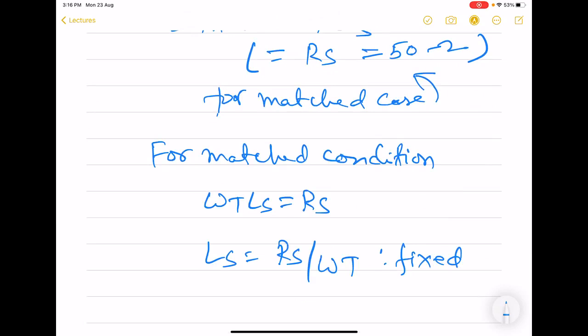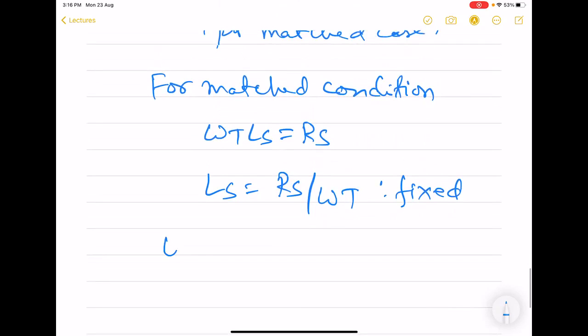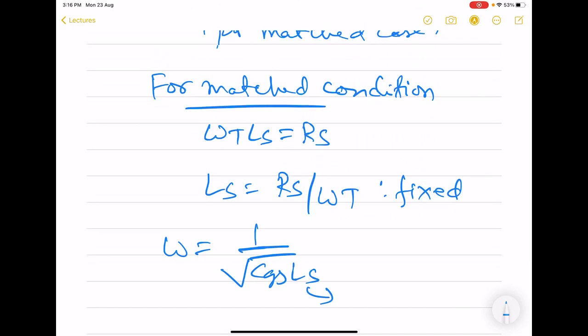And once L_S is fixed, you can see that omega, the omega where input impedance turns out to be real equal to R_S, is 1 over the square root of C_GS into L_S. So if this is fixed because of the matching, and C_GS gets decided by the device, then this automatically gets fixed.